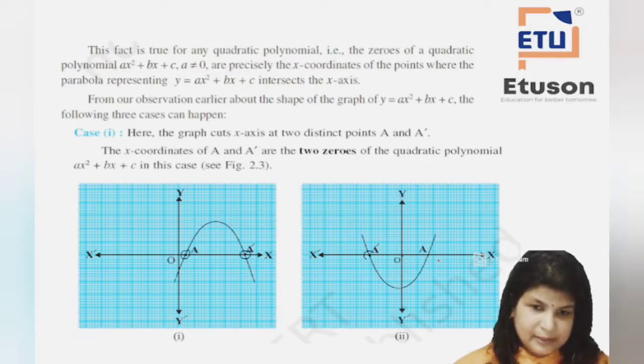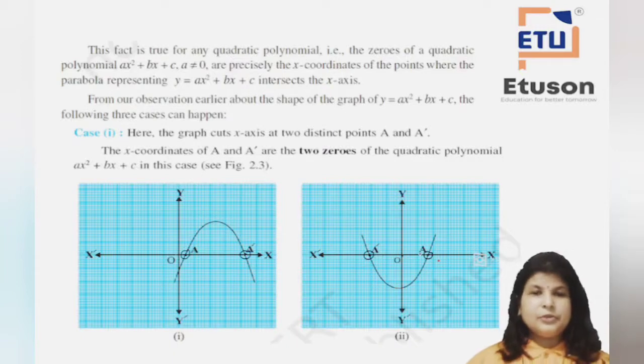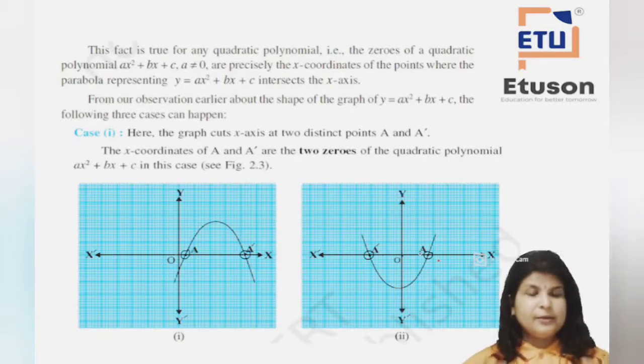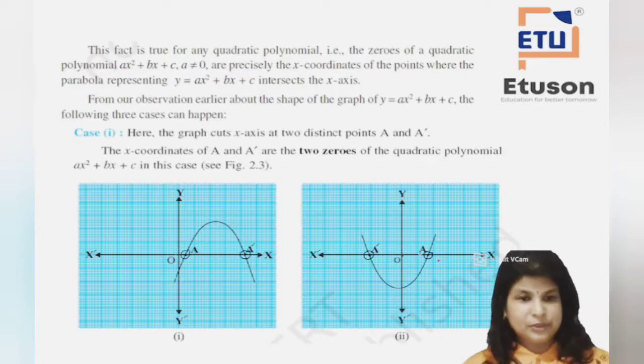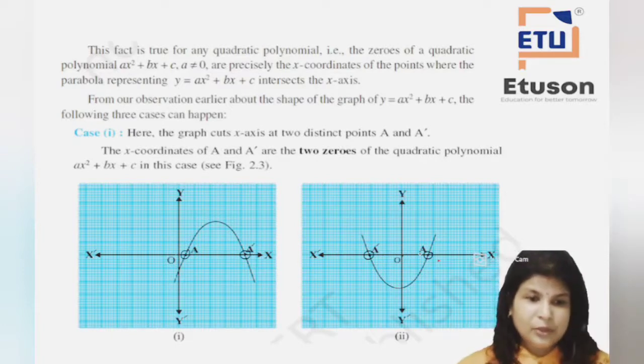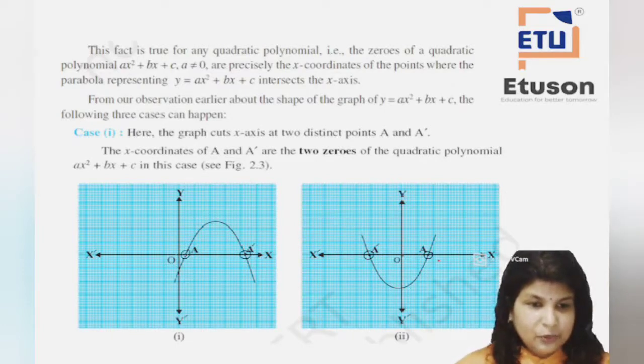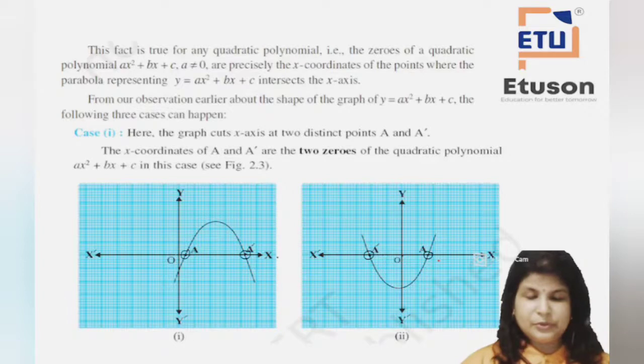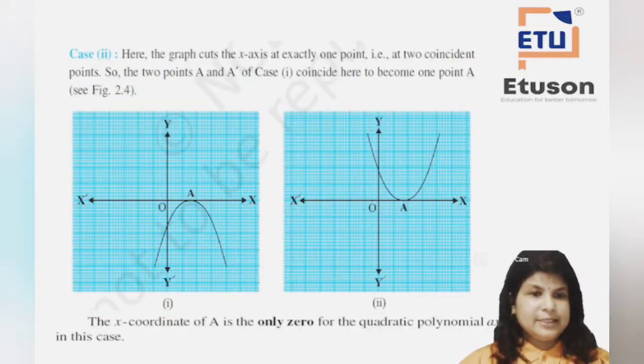Similarly, here is a point and here another point. If you get this kind of graph, you can conclude that this polynomial has 2 zeros. And how to get the zero values? Just find out the coordinates of A and A dash in both cases. Clear, children? Now let us go to the next case.